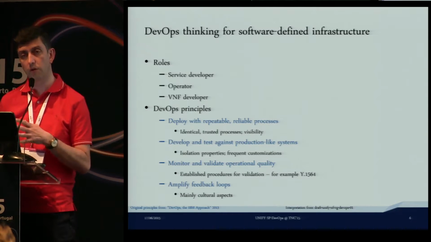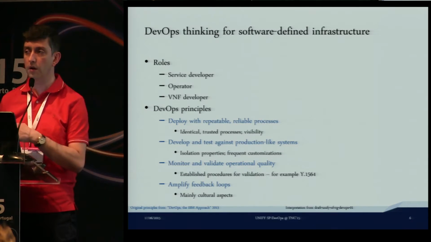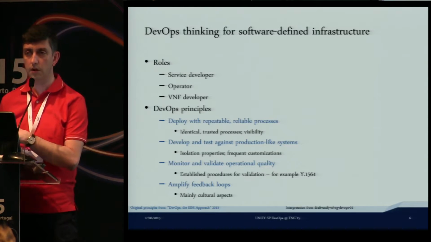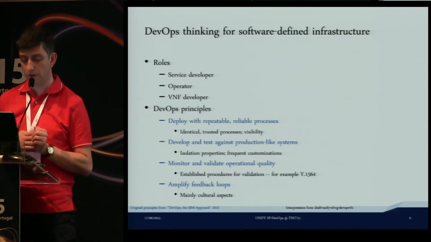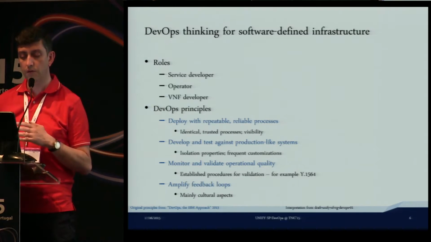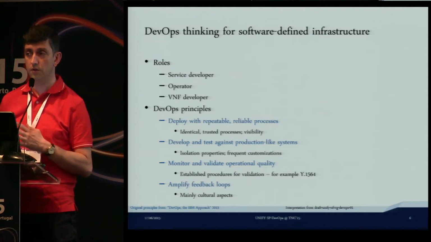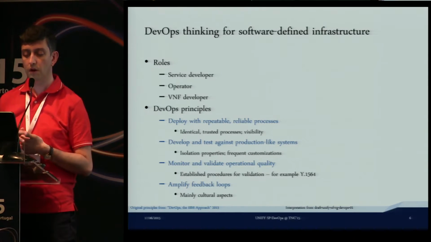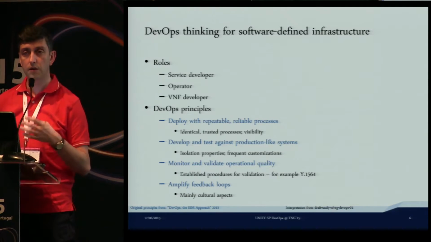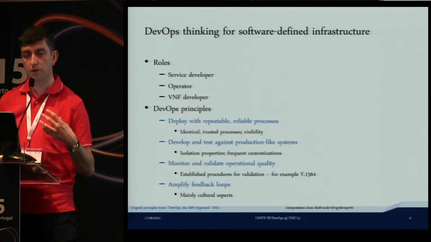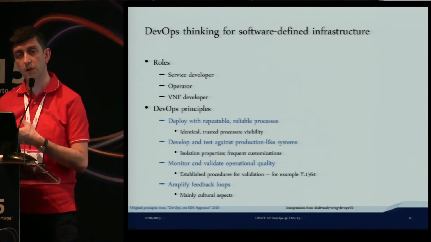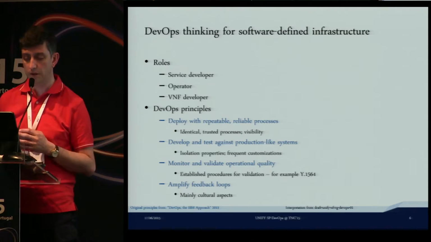Now, we looked in the project at how we can take this from a data center context and apply these principles to a carrier network infrastructure. And we defined three roles for the people that would interact with the software-defined infrastructure. The role of a service developer is the person that assembles a service from predefined blocks using either a graphical user interface or a set of scripting templates.